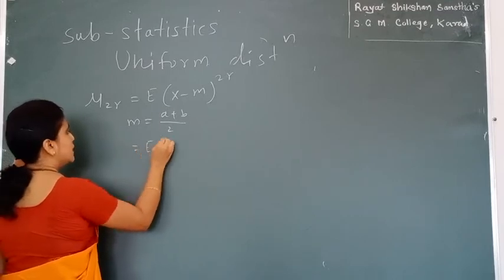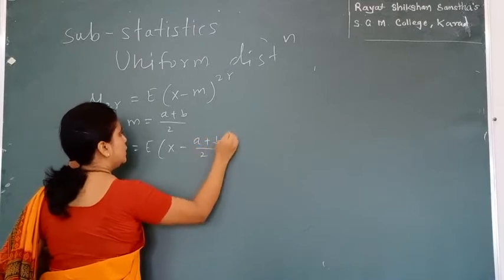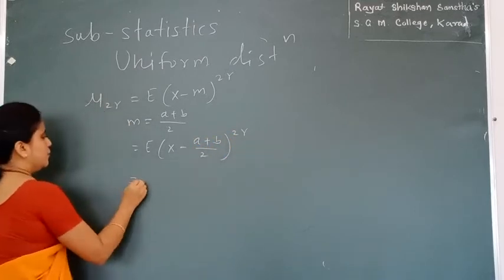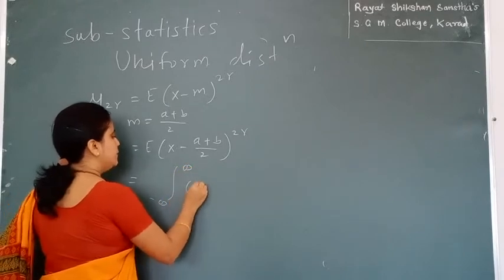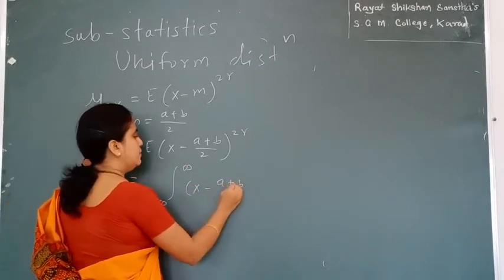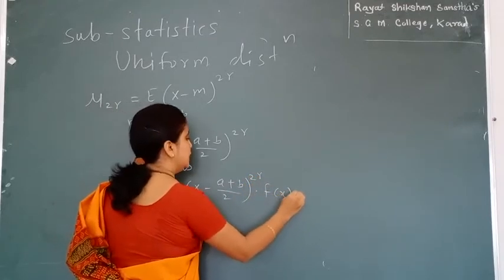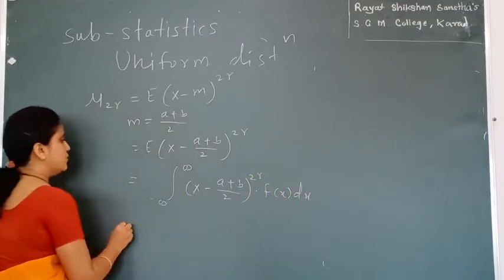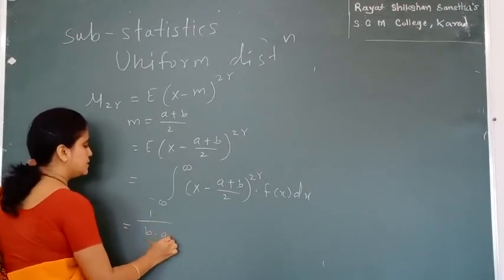So it is the expectation of (x minus (a plus b) by 2) raised to 2r, which by the formula is the integral from minus infinity to infinity of (x minus (a plus b) by 2) raised to power 2r times f(x) dx. Now f(x) is constant, hence it comes out of the integration sign.